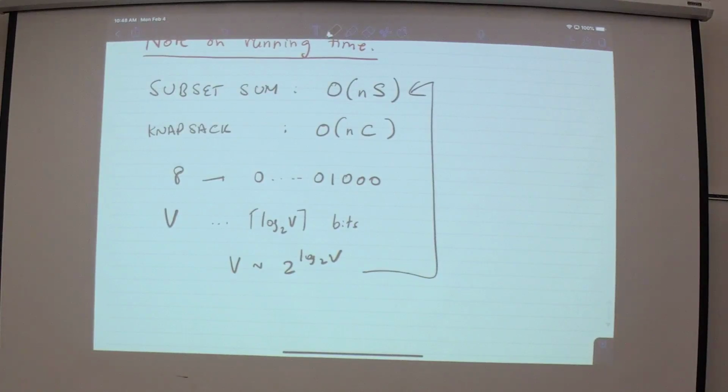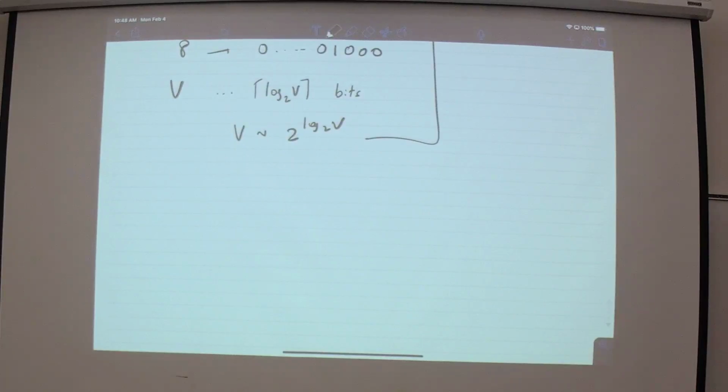That target was given to us as a number, which means the size of its representation is log S, not S. So if you look at subset sum, you have numbers 1 through n, and they all have their own sizes, S1 up to Sn, and there's this number S. The total length of this input is going to be log S plus the sum over i of log Si, where i is equal to 1 to n.